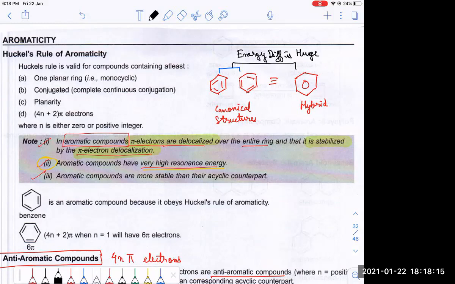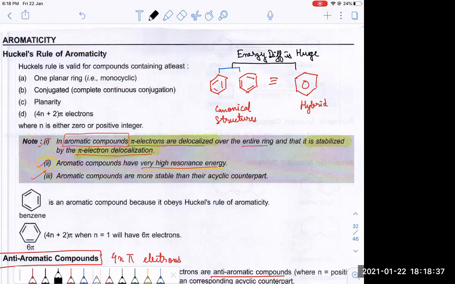Come on, take a wild guess. Both are the same only. That is not possible, I have written the energy difference is huge. Yes, so canonical.